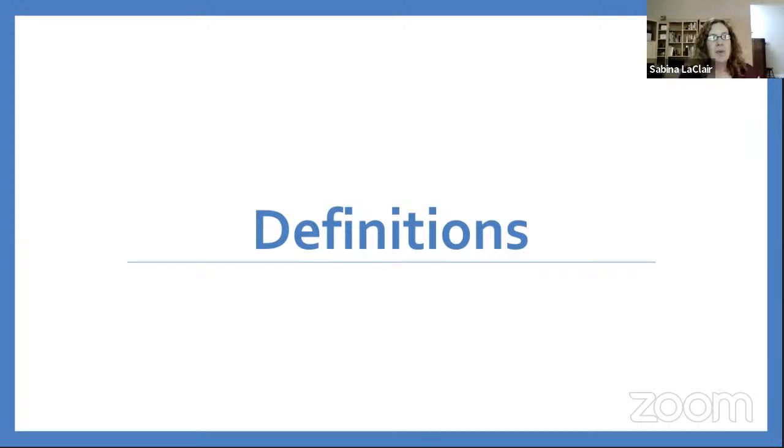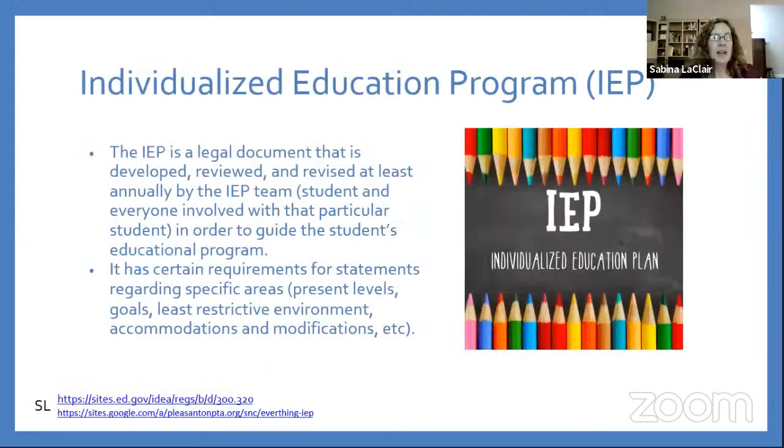So first, we do want to go over a few definitions before we get into the heart of this presentation, because we know there's a variety of AAC learners, and we want everyone here to know the meanings of the acronyms that we're going to be using. So an IEP, an individual education program.